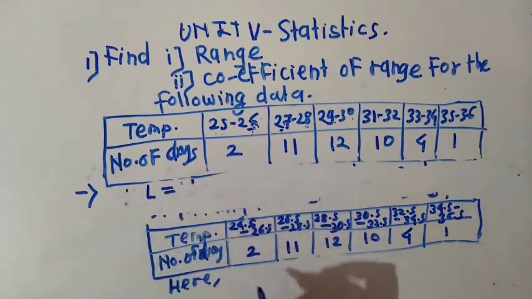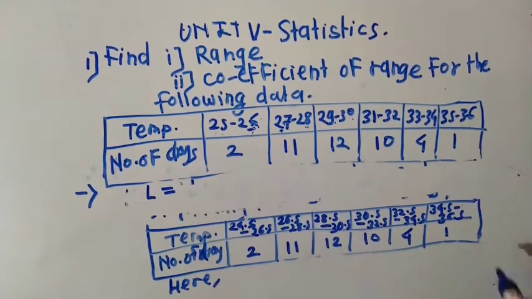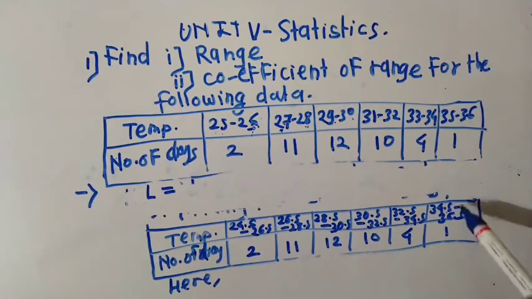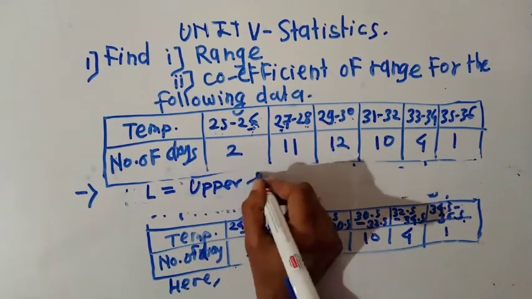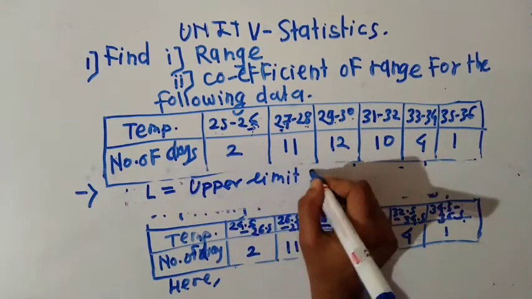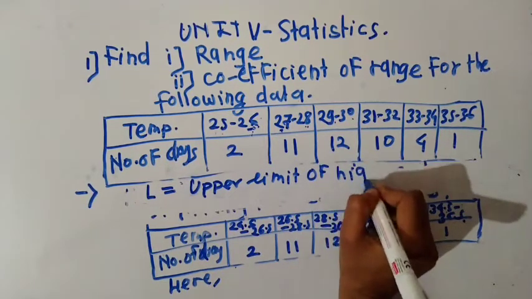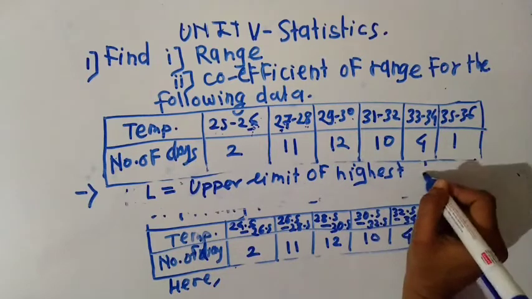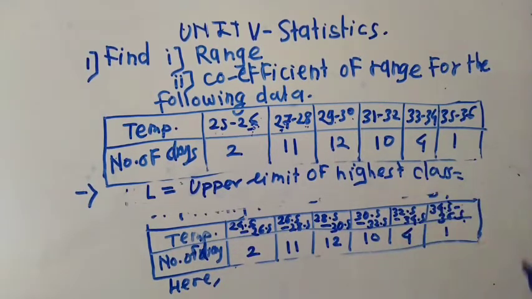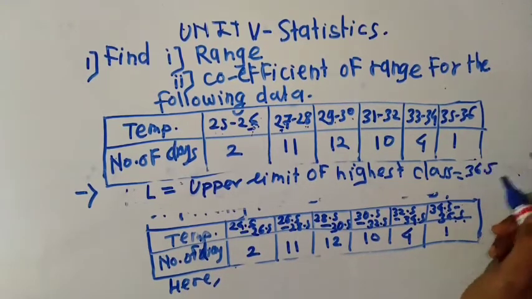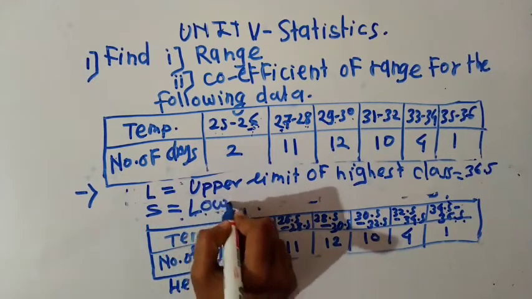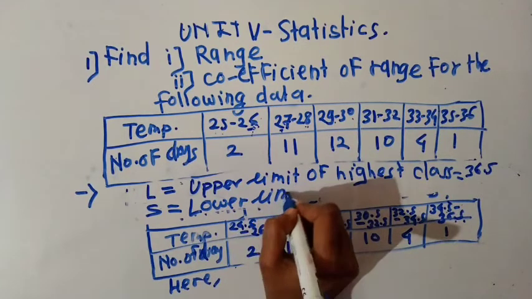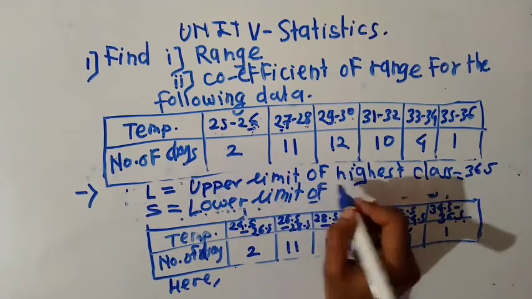Then here L is equal to upper limit of highest class. So here highest class is this, hence upper limit of highest class is 36.5, and S is the lower limit of smallest class.